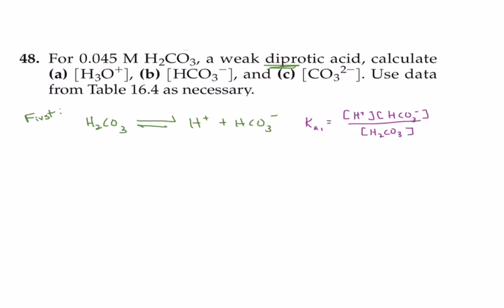For B, it's actually analogous to finding the molar concentration of this at equilibrium, and then for C, it's finding the molar concentration, which is analogous to your sulfate ion.